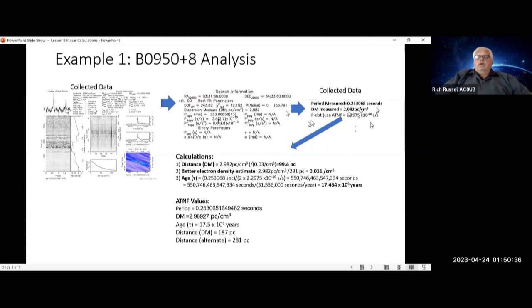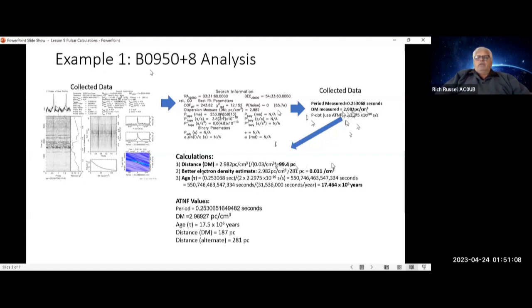So in your analysis, you need to grab the P dot from the ATNF database and not use the Presto output. When you do that, your distance using the 0.03 per centimeter cubed average would be equal to 99.4 parsecs for this pulsar from the Earth.